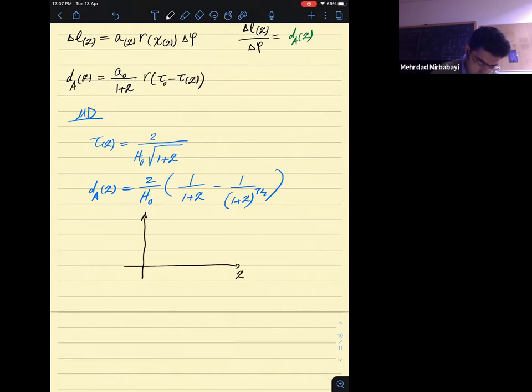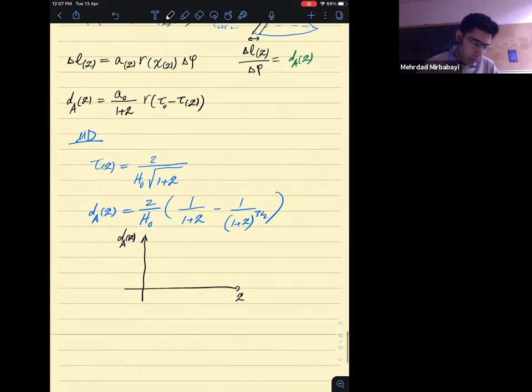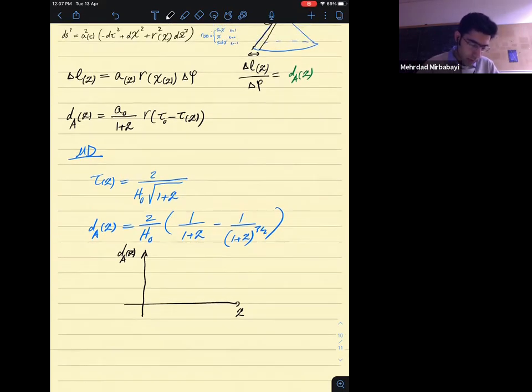So if I look at it as a function of z, what is the expectation at short times? We expect that the relation should be just linear, right?